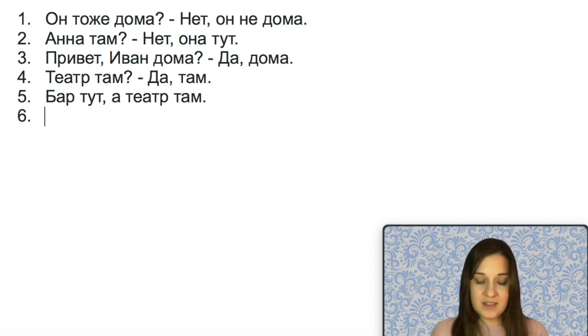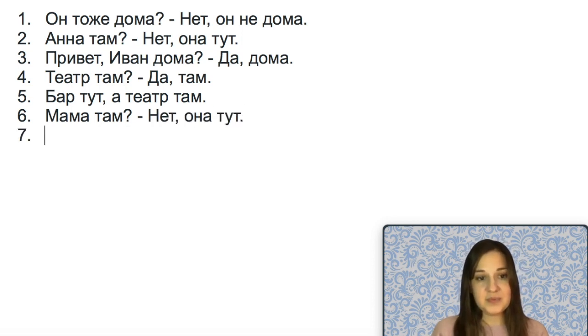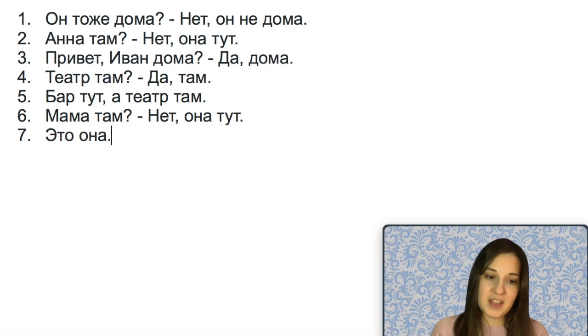Is mom there? Мама there, там. No, she's here. Нет, она тут. This is her. Это. Her in the Russian sentence is gonna be она. Because after the word это, when we introduce someone or something, we use the main form of pronouns or nouns.